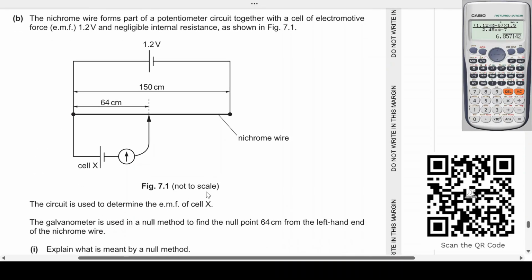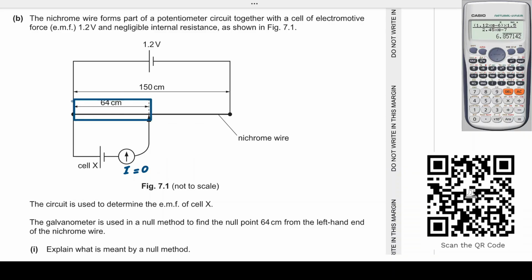How do we do? If this thing is in null state, it means no current flows through this one. That implies that the voltage across these 2 points is equal to the EMF. So I'm going to call it V2, for example.